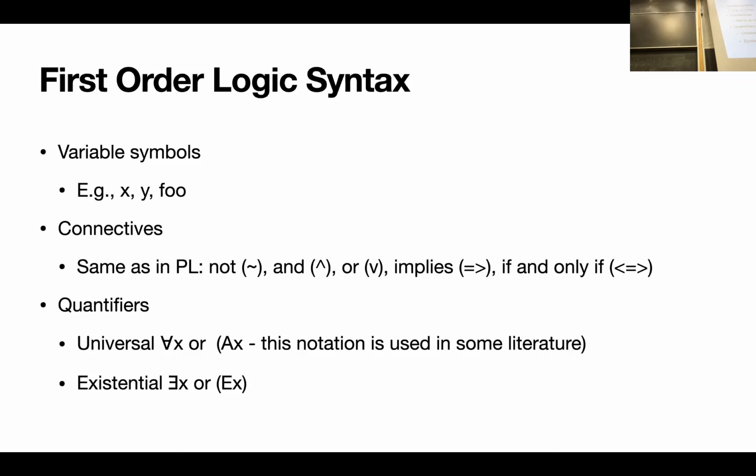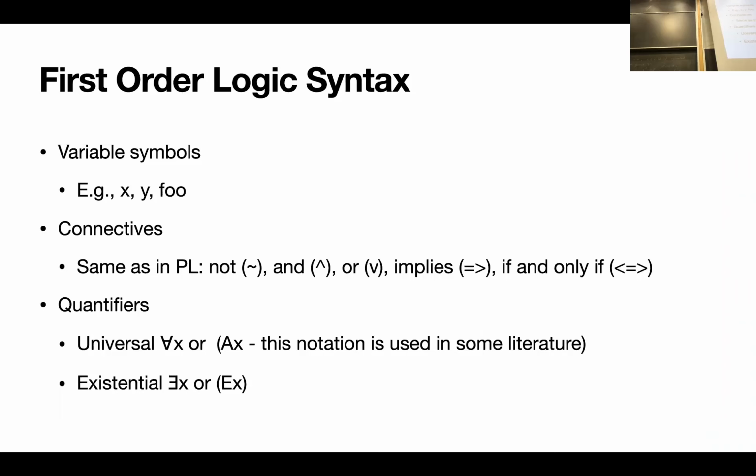We have these quantifiers. We have the universal quantifier, which is for all X. For all X of something: something holds for all the objects in our domain. Sometimes you see it written as AX. This notation is less commonly used, but you might see it in some older literature or older books.